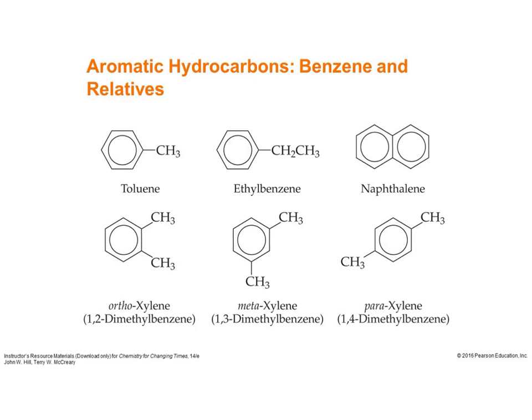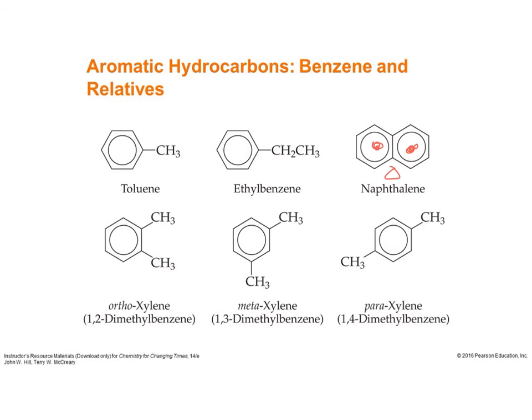As I said, there are lots of things we can make out of benzene. For example, toluene, where you replace one of the hydrogens on the benzene with a carbon and 3 hydrogens. Ethylbenzene, where you replace one of the hydrogens with 2 carbons. Naphthalene. Ooh. Naphthalene sees you.